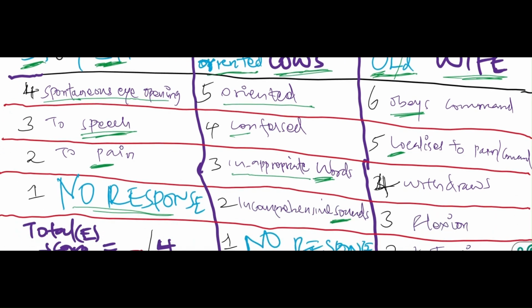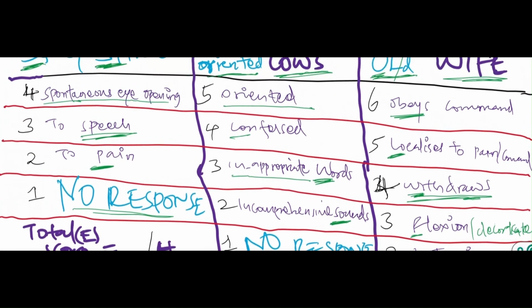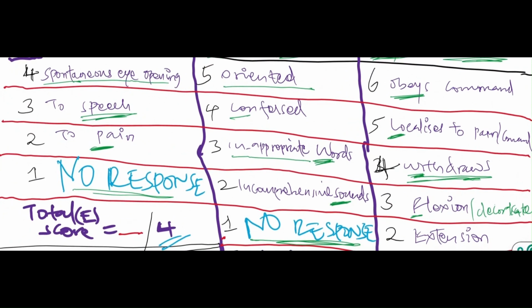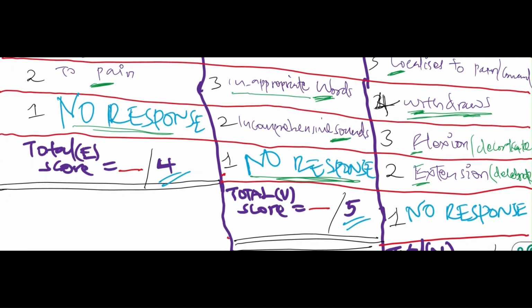Then in the word wife, W means the patient withdraws from pain, F stands for flexion, usually decorticate posture, and E means extension, that is, the patient decerebrates. Finally, the last score is no response.